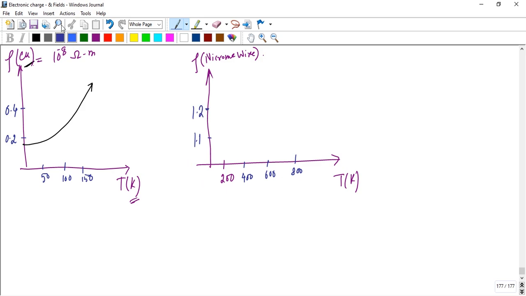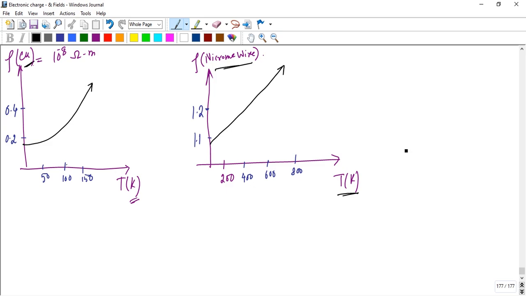So in nichrome it obviously increases, but not exponentially, it is a linear increase. Very important: for nichrome, the resistivity versus temperature is linear. So you see here, with the same temperature increase, the resistivity increases but in a different way. They are not the same.